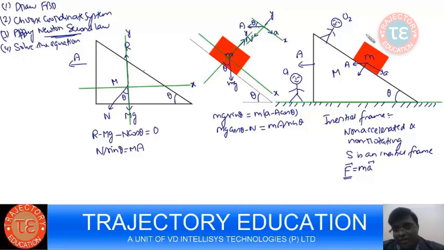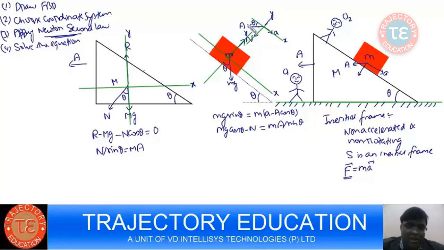So the forces are going to be the same for O1 and O2. O1 and O2 won't find any difference in the interactions that are taking place in the system.